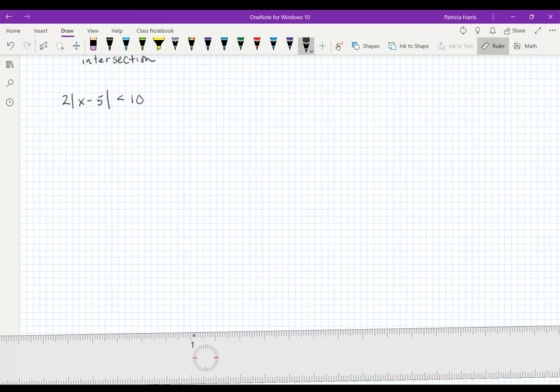First thing you want to do is make sure that your absolute value expression of x minus 5 is isolated. So we're going to go ahead and divide by 2. So we have absolute value of x minus 5 is less than 5.